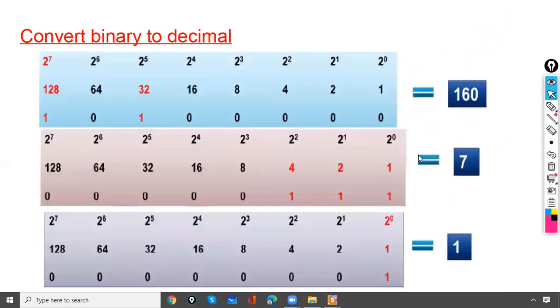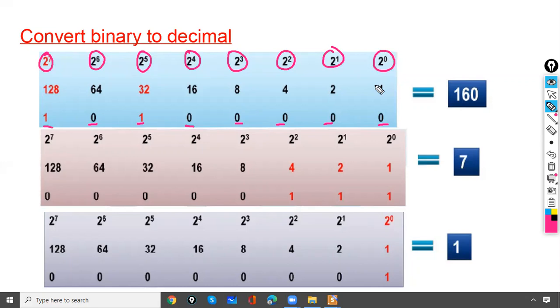Let us convert the other values. We'll take the second octet, 101 followed by 5 zeros: 1, 2, 3, 4, 5. Then you will write the 2 power series: 2 power 0 up to 2 power 7.